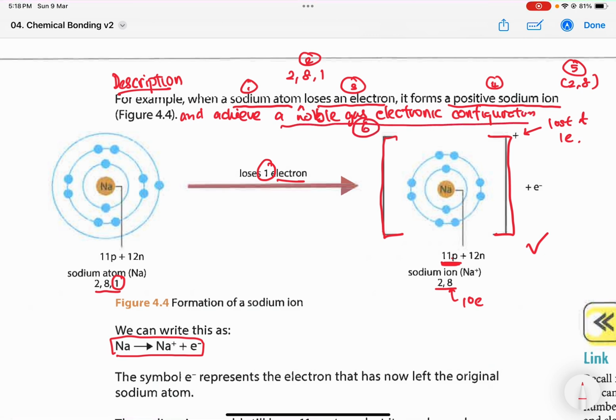So typically how you describe the formation of the positive cation is, you will say the atom loses electrons, forms the positive ion, and then state the electronic configuration, and then what's at the end state.